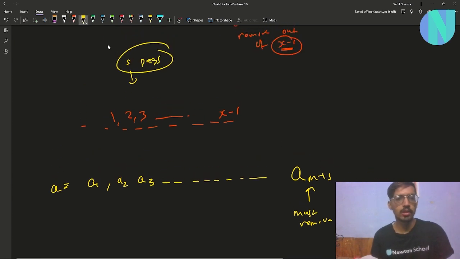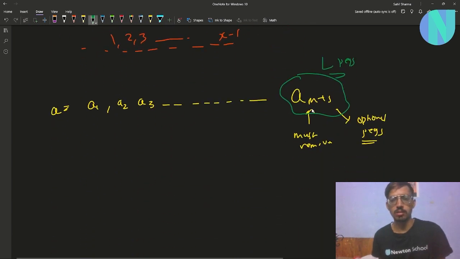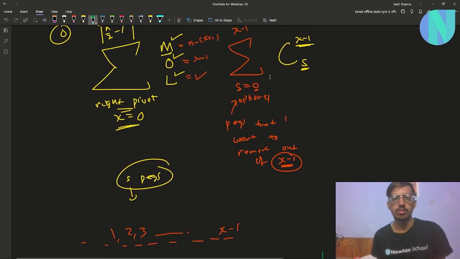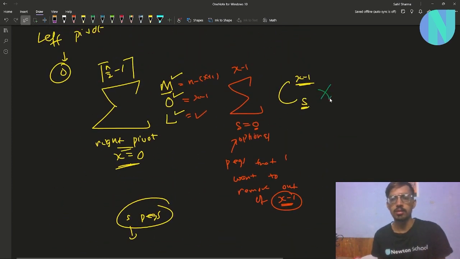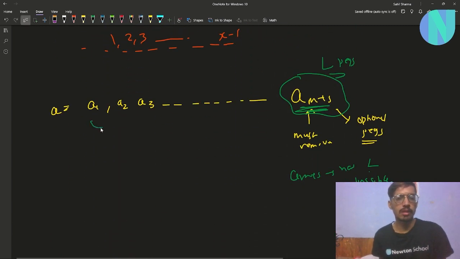But we know that your last value must be from L pegs, right? Because there are only L last pegs that you can remove. So your last value A of m plus s has L possible values, right? So you will multiply this with the L, then into, now we don't care about these leftover values, right?